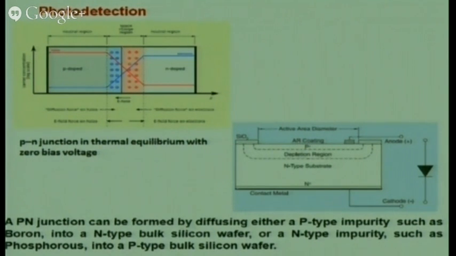So a PN junction can be formed by diffusing a p-type impurity such as boron into n-type bulk silicon. You have n-type bulk silicon, you have doped a p-type impurity on that. So you have a p-type material, you have a depletion layer, you have an n-type layer, right?